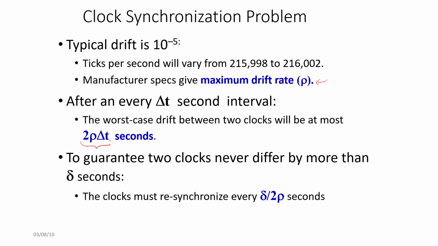To guarantee that two clocks will never differ by small delta seconds, we need to resynchronize the clocks every δ/2ρ seconds such that at the synchronization points, their times become the same. Then there is a small amount of limited drift, and again they become the same. So we ensure that the maximum drift that happens in a period is bounded.